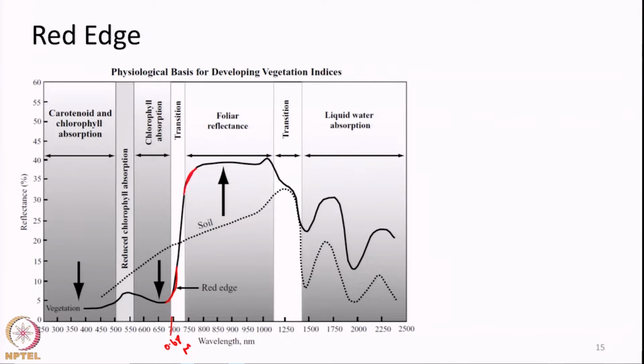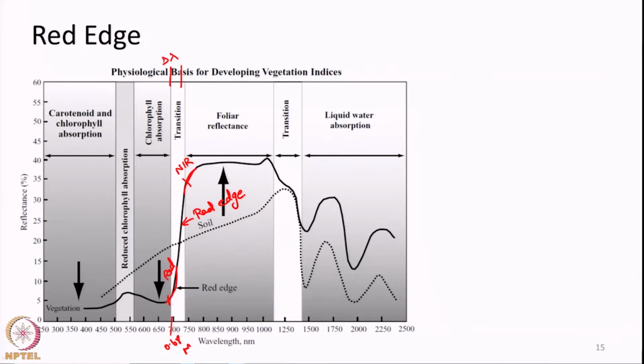So, there is a small transition zone, a small portion of bandwidth, where this transition occurs, from a very low reflectance in the red portion to a very high reflectance in the NIR portion. This transition zone, where there is a sudden transition of reflectance, we call the red edge.